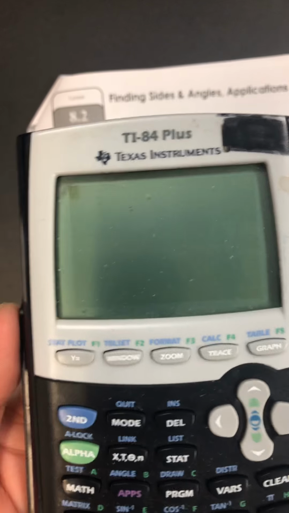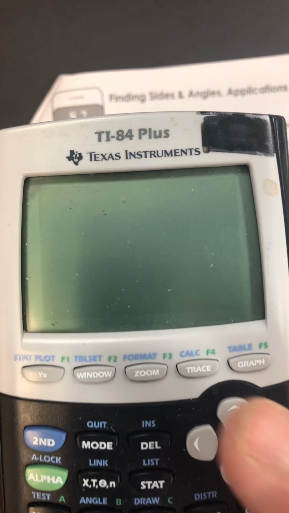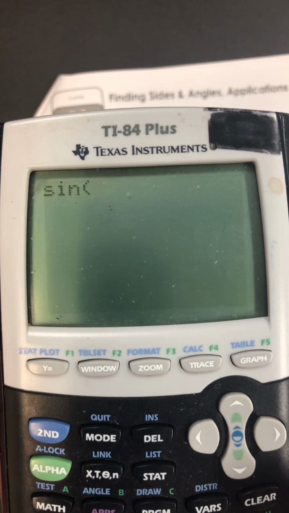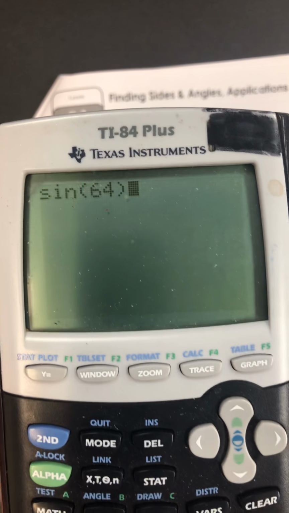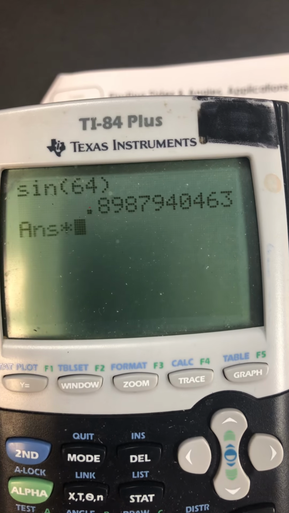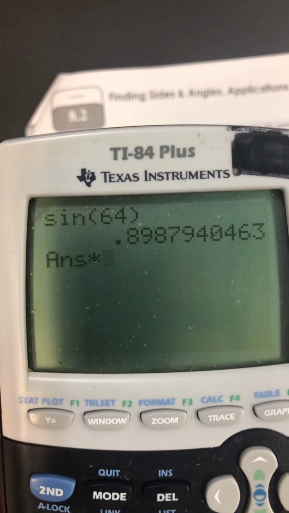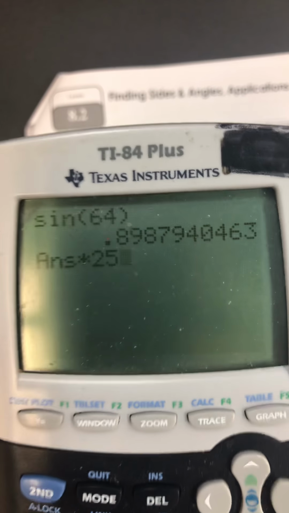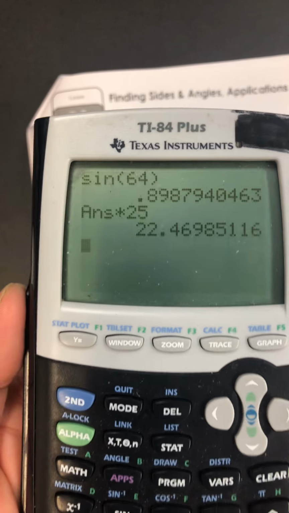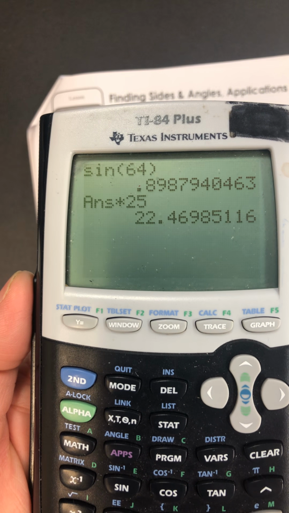Sine, and make sure you're in degree mode, 64, enter, times 25. Okay, so my answer is 22.469.